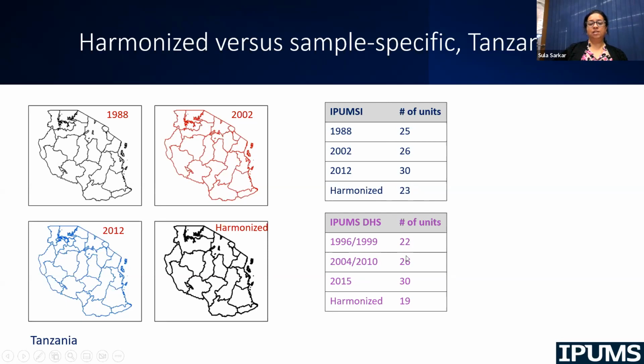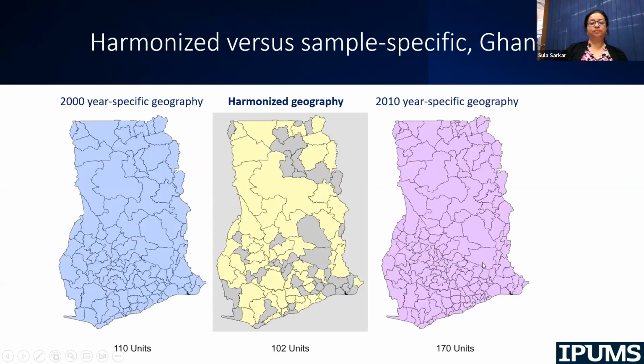Here is the same Tanzania example, but from the DHS perspective. This is more like a real world example, like for Ghana. In 2000, they had 110 second admin level units. In 2010, they have 170 admin level units.